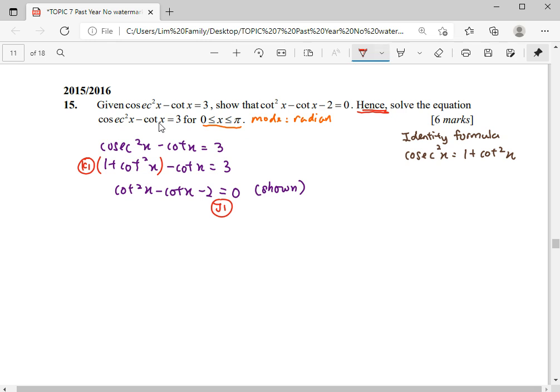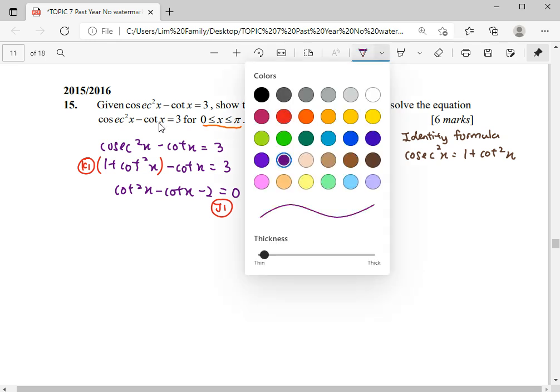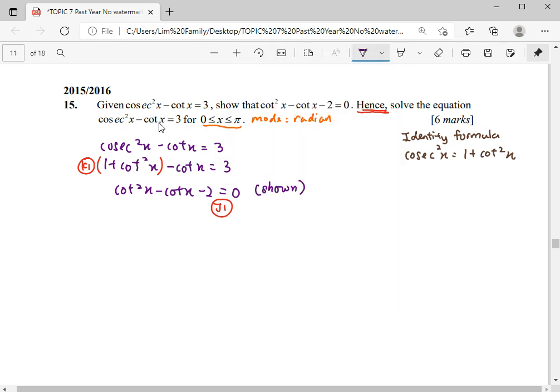So from our original equation, cosecant squared x minus cotangent x equals 3, we want to solve this. We managed to show it can be expressed in this cotangent equation.